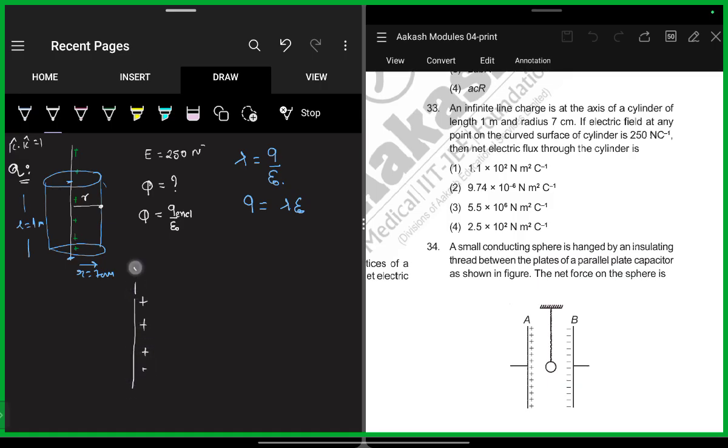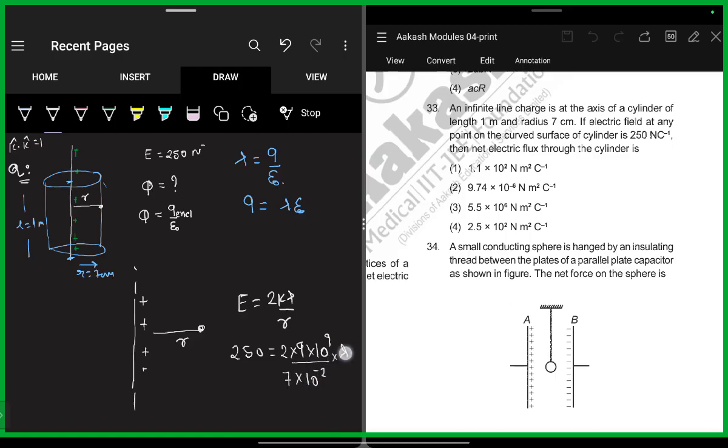Remember the electric field at any distance r was given by 2k lambda upon r, yes or no? So the electric field is given, okay? This is 2 into 9 into 10 raised to 9 divided by the radius, right? Radius is 7 centimeters. So 7 into 10 raised to minus 2, multiplied by lambda.